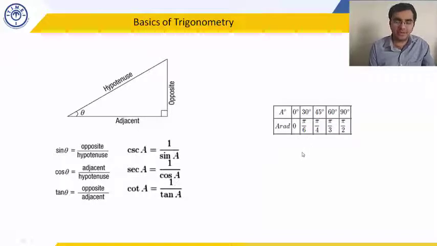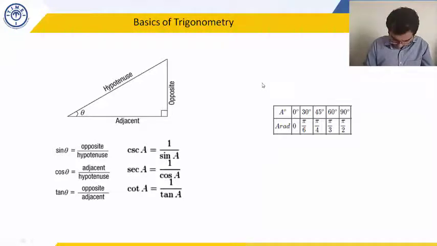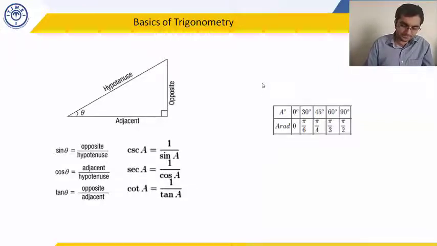Pi is going to be 180 degrees and 2 pi will be 360 degrees. Please write all this down. As I'm speaking, you keep writing. 2 pi is 360 degrees, pi is 180 degrees, so pi by 2 is 90 degrees, pi by 3 is 60 degrees, and so on.